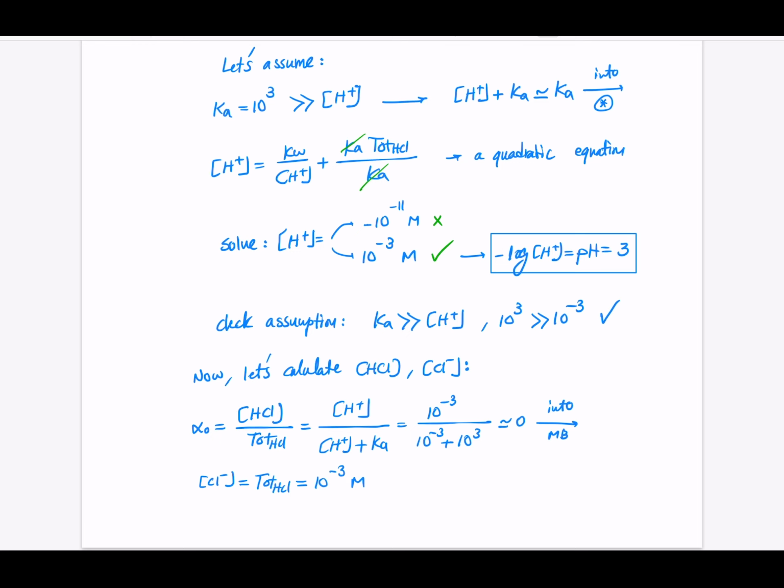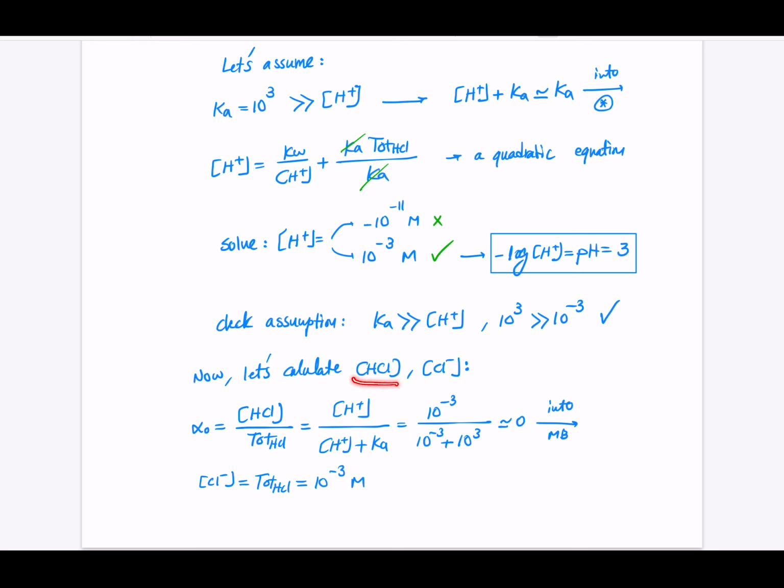And here we also used an assumption to simplify it, because we didn't have the tool in class to solve for a cubic equation. So it seems we could have a general rule: whenever we add a strong acid or a strong base, it fully dissociates.